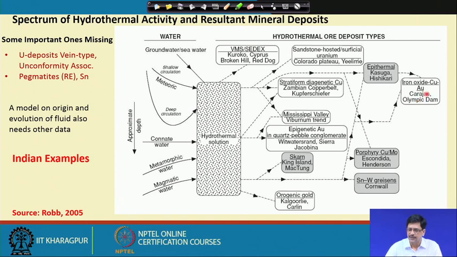Sometimes the conditions, for example, in the iron oxide copper gold deposit as discovered in the famous Olympic Dam deposit in the Gawler Craton in South Australia, and there are many such deposits in the periphery in close spatial association with the Olympic Dam deposit, occurring in the same kind of breccia complex in intracontinental Proterozoic granite.